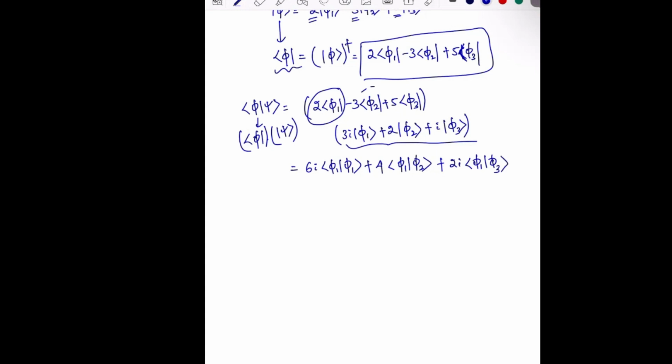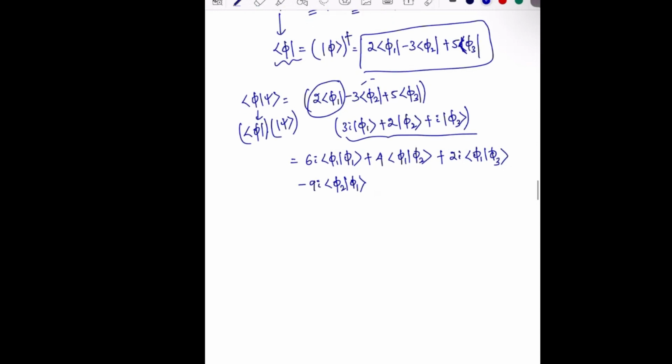Similarly, for the second term it will be 9i phi 2 phi 1 plus 6 phi 2 phi 2. The last one is minus 3i phi 2 phi 3.